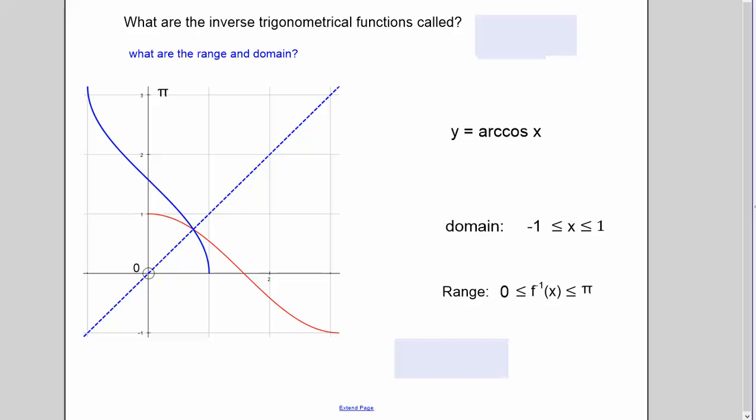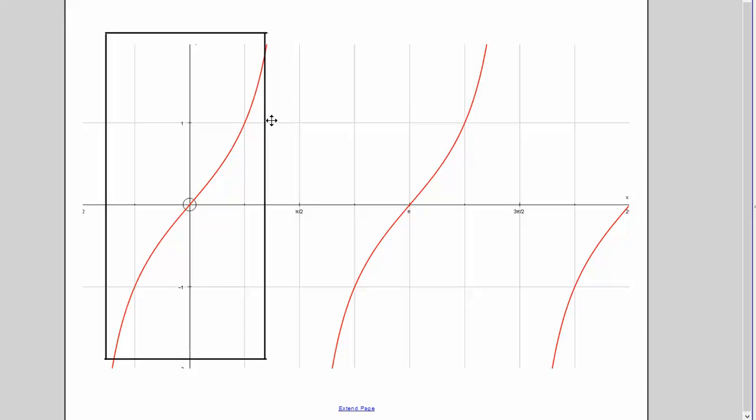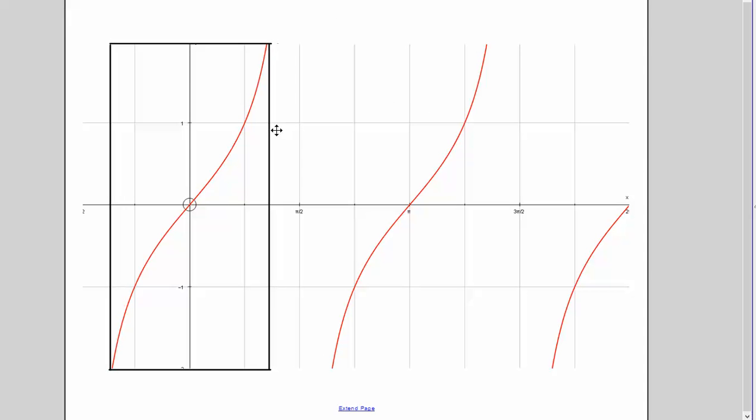Now the last one to look at is the tan function. Now we can see that the tan function is just a repetition of this shape here. And so our domain here goes from where the asymptotes are at pi over 2 and minus pi over 2.